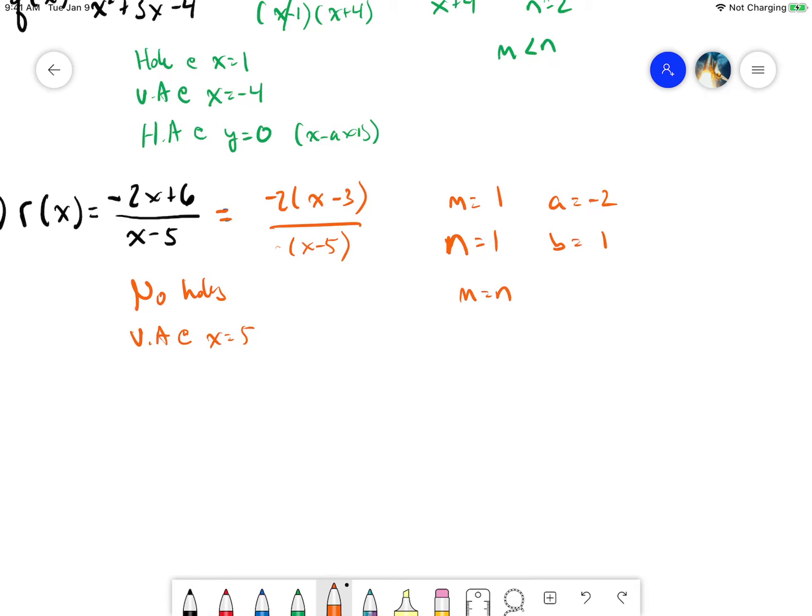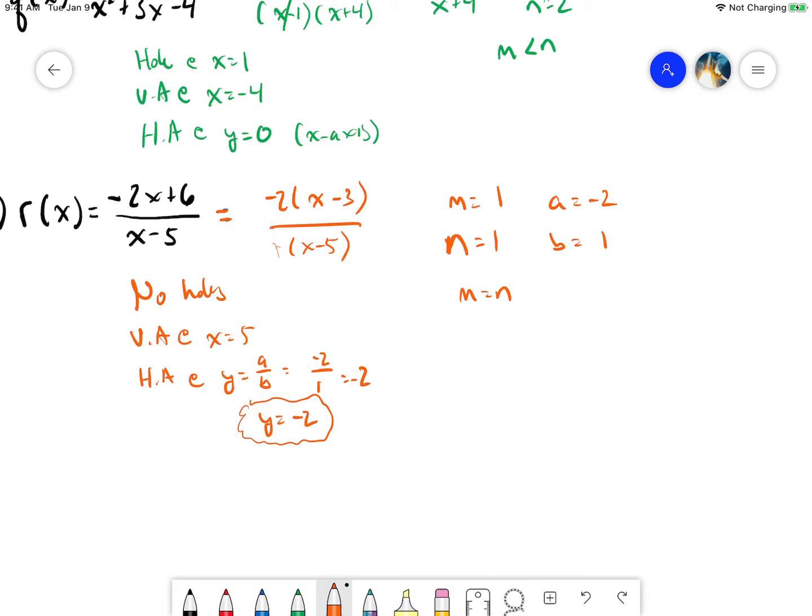So we have a horizontal asymptote at y equals a over b, which is -2 over 1, which is equal to -2. So we have a horizontal asymptote at y is equal to -2.